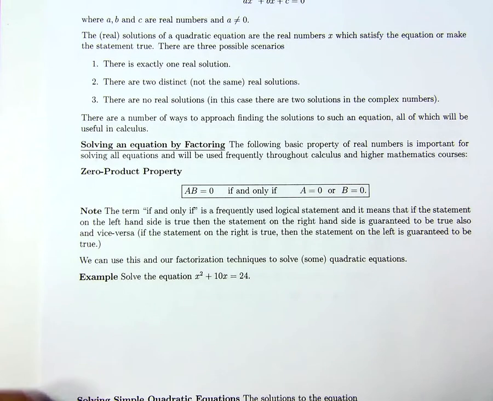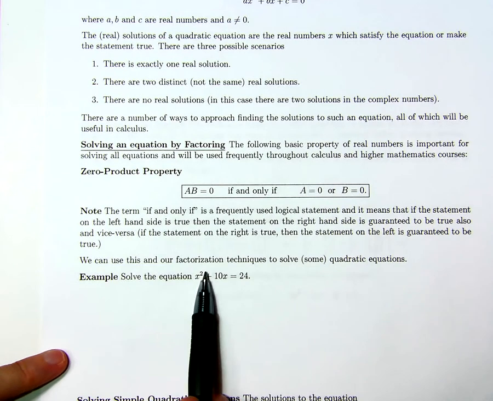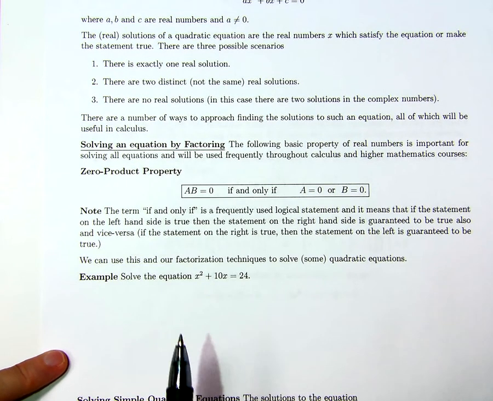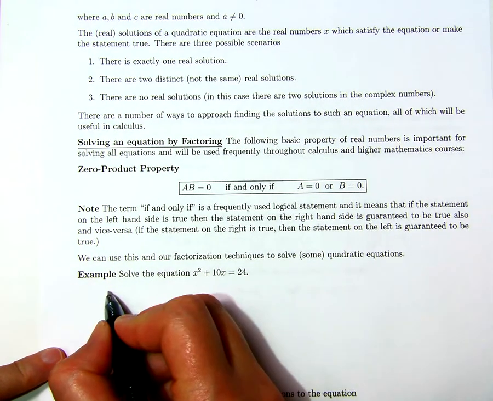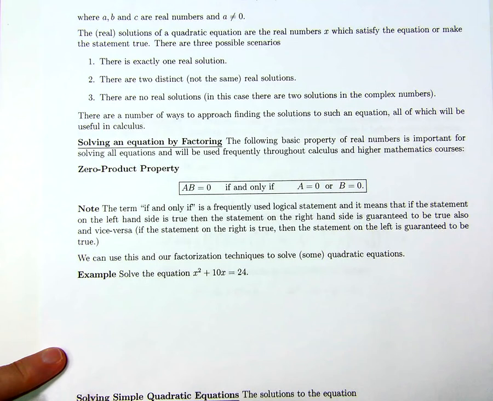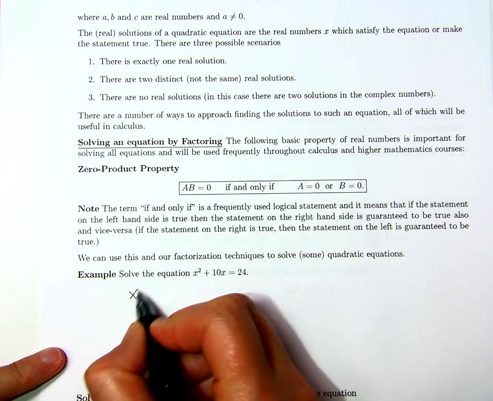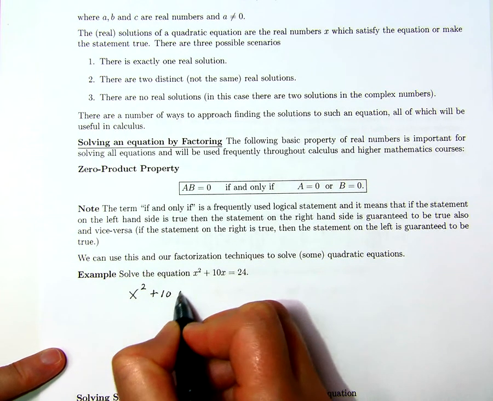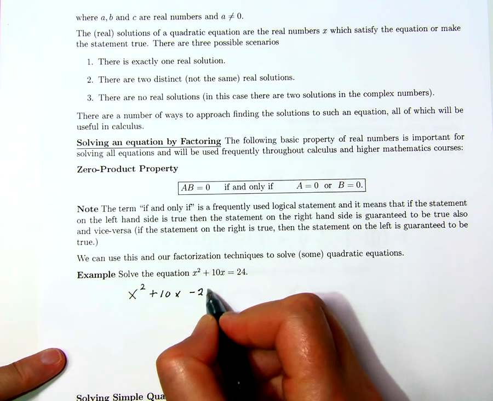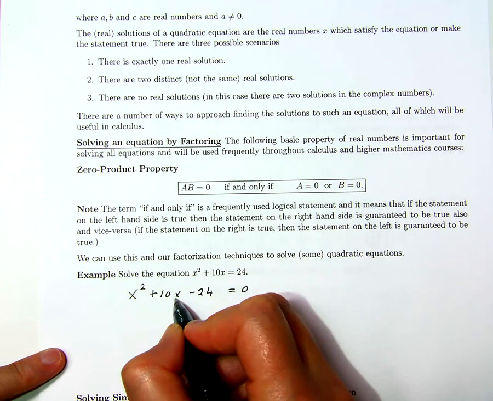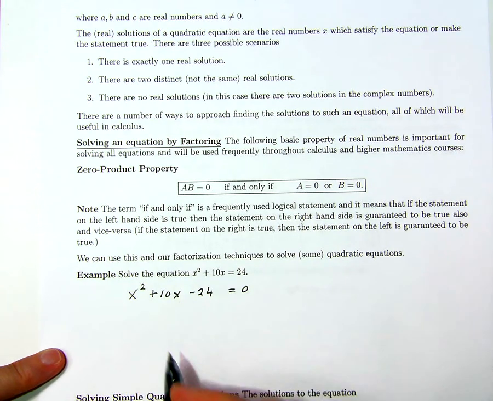So we can use this in our factorization techniques to solve some quadratic equations. For example, suppose I have the equation x squared plus 10x equals 24, and I'd like to find the real solutions. Well, the first thing is I write it in this form: ax squared plus bx plus c equals 0. And then I try to factor the left-hand side.